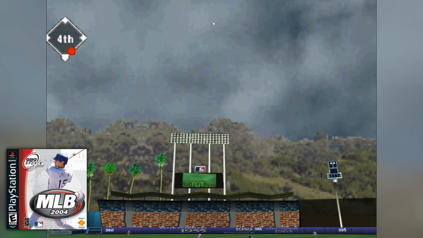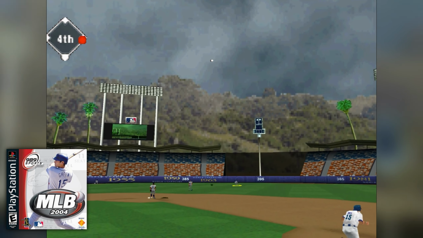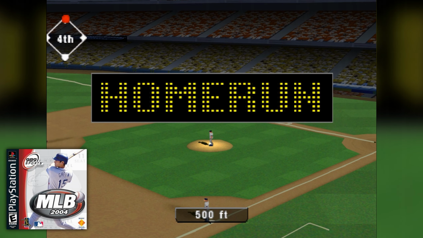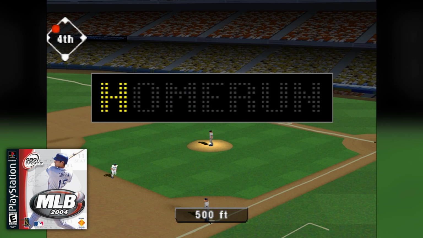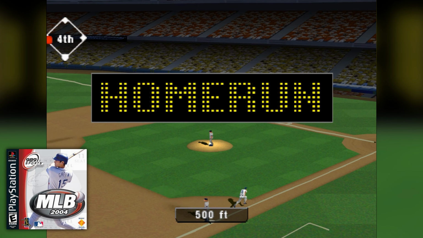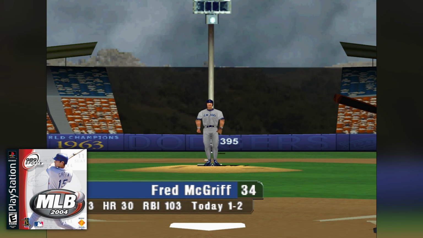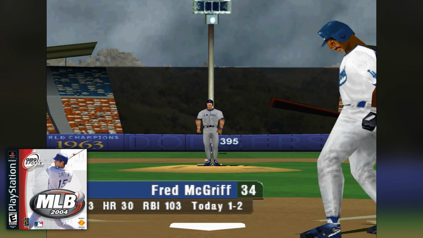And he powers a deep drive. Going. Adios, a home run. A one-run shot. Yeah, I wouldn't doubt it. That thing is still going. What a blast. Up next, Fred McGriff.